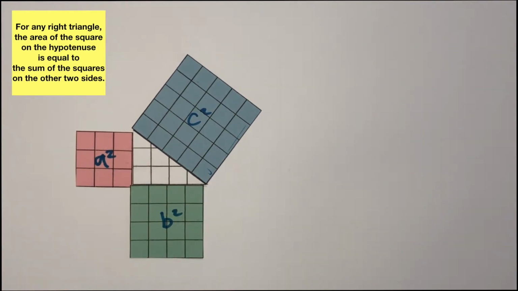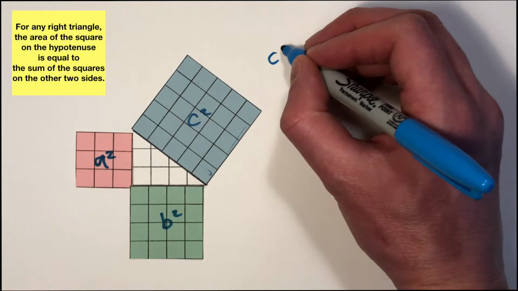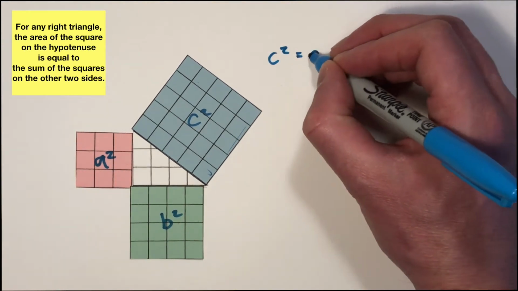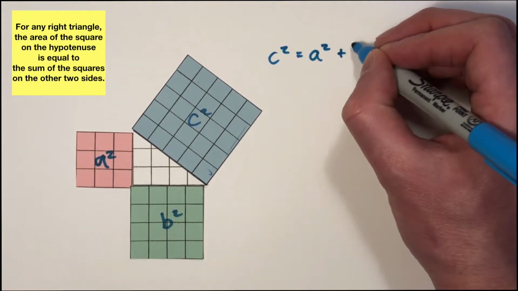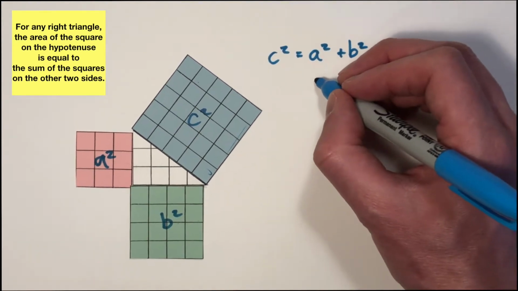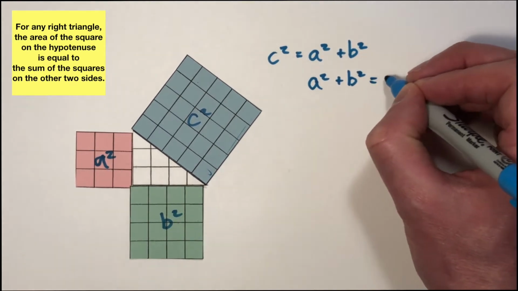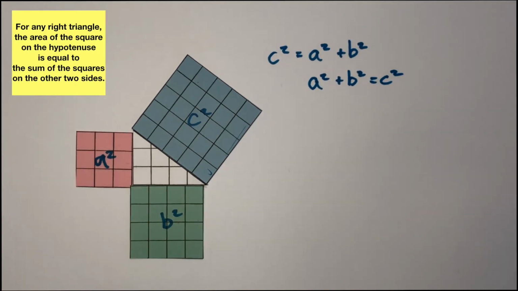All of this leads us to an understanding of the formula for the Pythagorean theorem. C squared equals A squared plus B squared. You may also see it written as A squared plus B squared equals C squared. Both are two ways of writing the same formula, and both are correct.